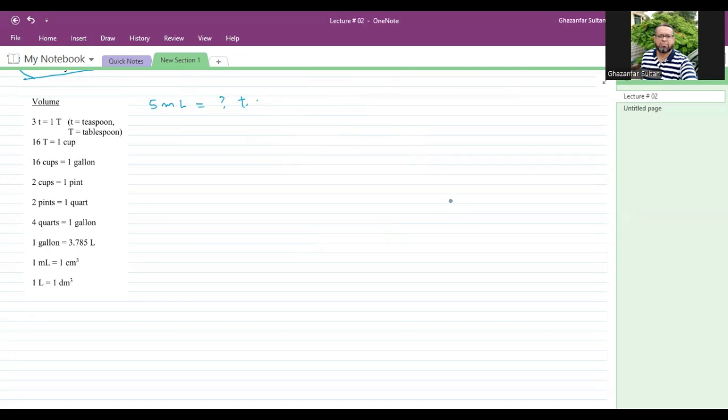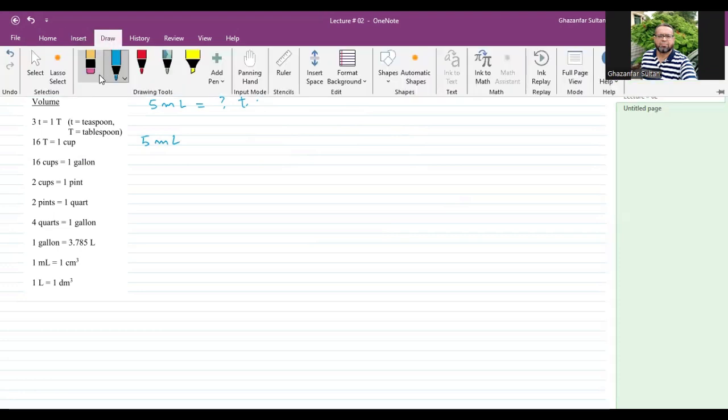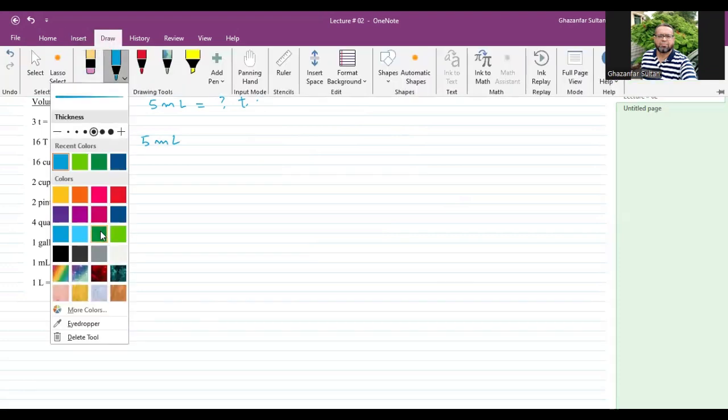It could be that teaspoon is the better choice, but let's see how many ml would be equal to a teaspoon. Unfortunately, we don't have any direct relationship between ml and the teaspoon. But we can develop this relationship by using other relationships which are given here.